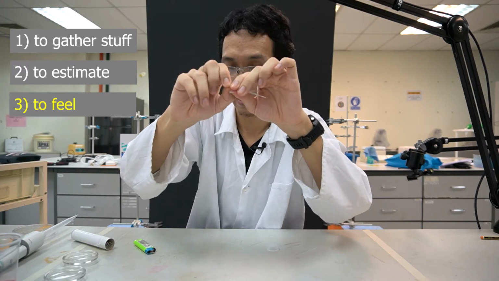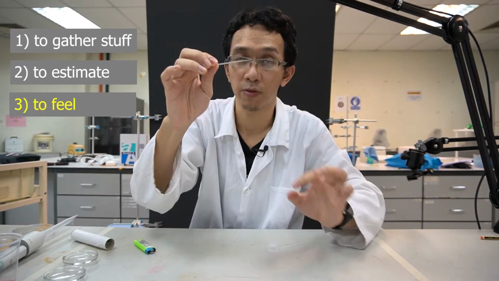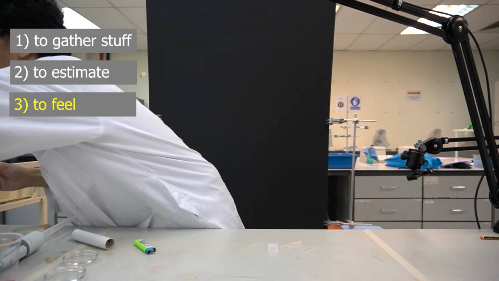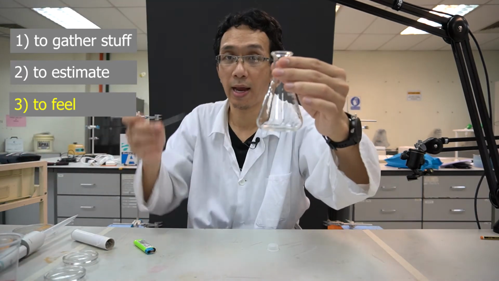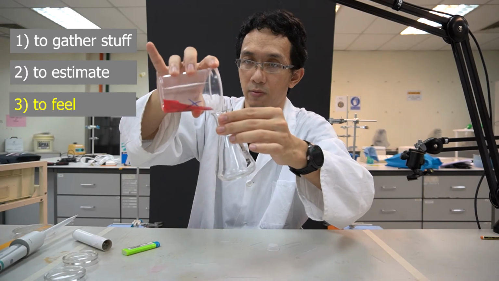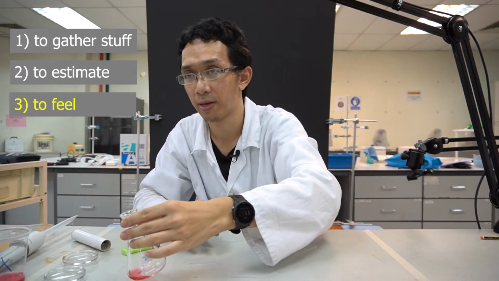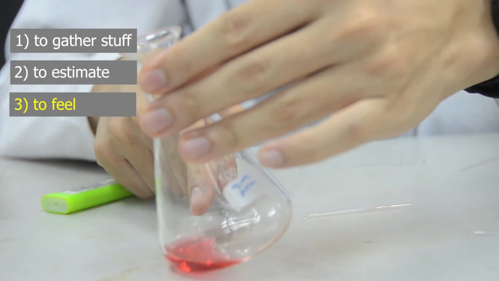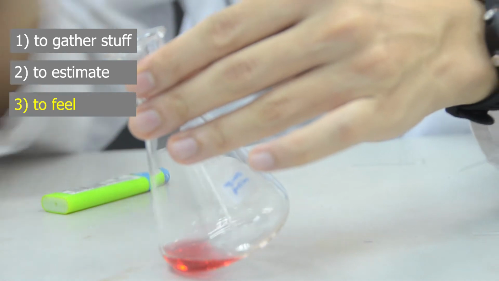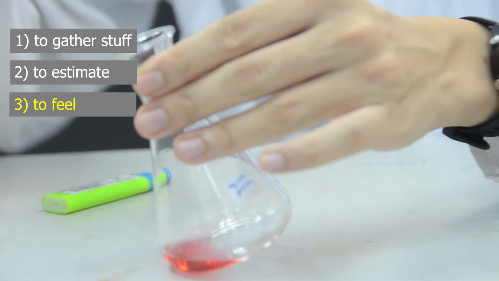You cannot break in the middle here because the idea of the spotter is that you want to dip it into something. Let's say you have this compound inside this flask, and then you have a spotter and you want to dip this spotter into this liquid.